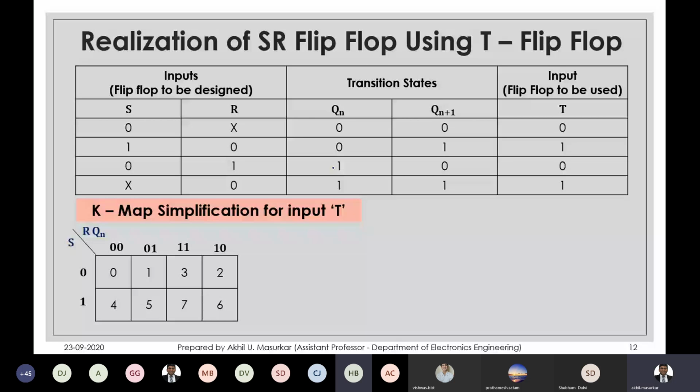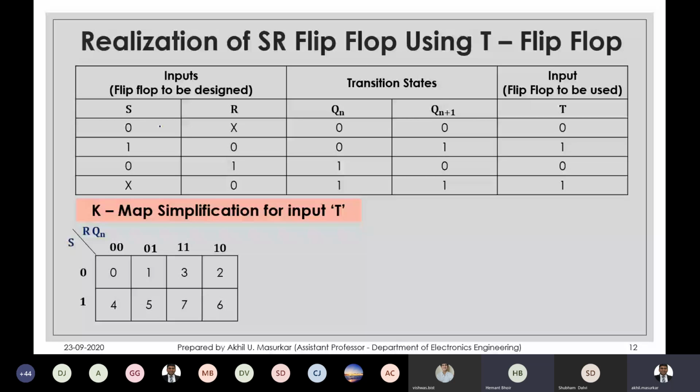Hello, sir. Yes, Hemant. Yes. 100 1, 4 1. No, no. You start with 000. 0 0 0, zero is 0.